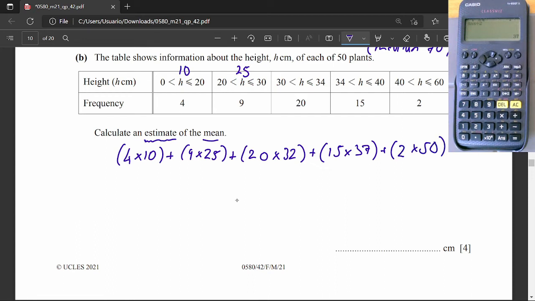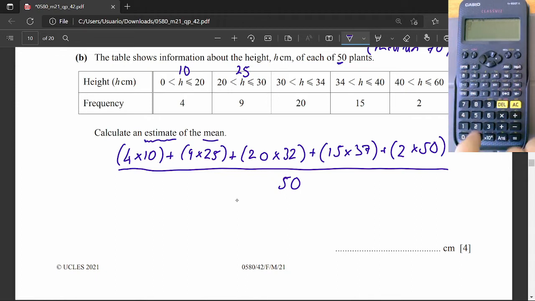Once we have all the heights of all the plants added together, we need to divide it by the number of values. In this case, it is the number of plants. To do that, we can add up this frequency column and find the total, but they actually already gave it to us. It's over there. So we divide this by 50. And now it's just putting it into the calculator and getting the answer.